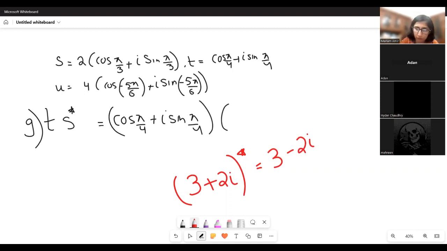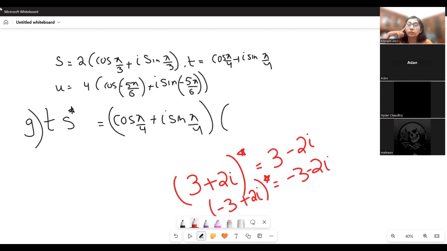So what is the conjugate of minus 3 plus 2 iota? It's going to be minus 3 minus 2 iota. Remember, when you're taking conjugate, you have to just flip the sign of the imaginary part, not of the real part.